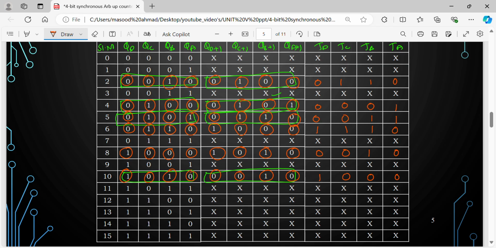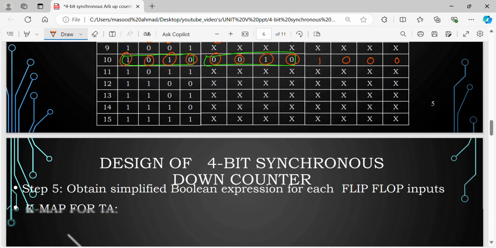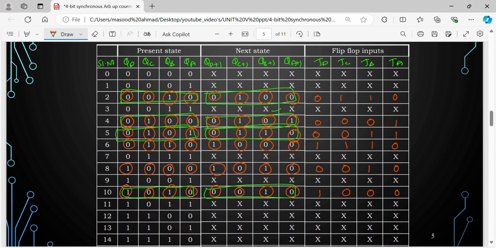Now we need to write the expressions for TA, TB, TC. What is common in these is the don't care terms.